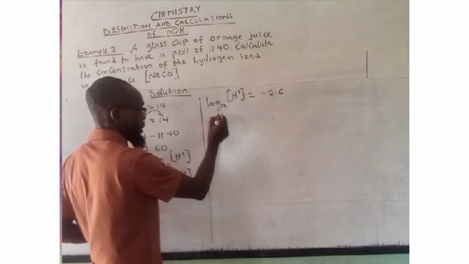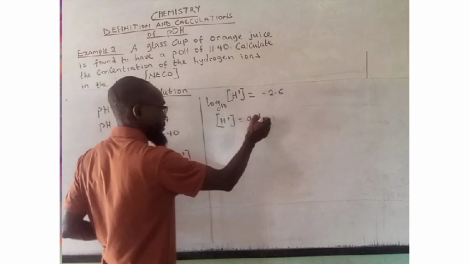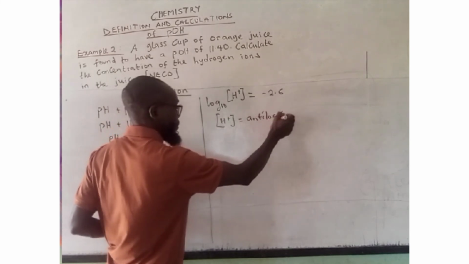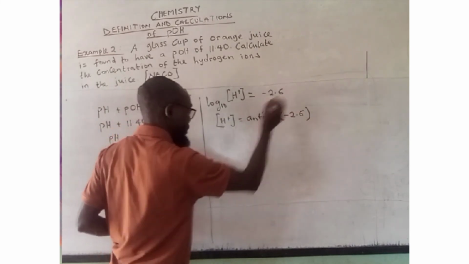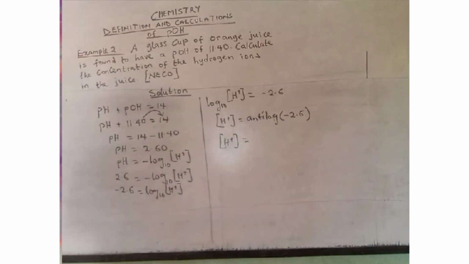So the concentration of hydrogen ion is going to be equal to the antilog of minus 2.6. When you press your calculator, you press shift or second function, then press your logarithm.